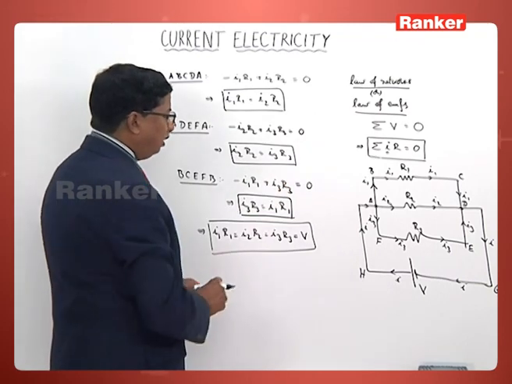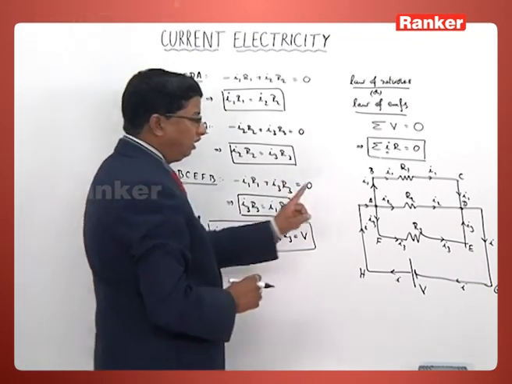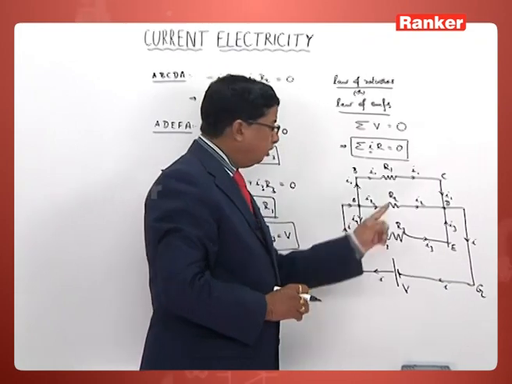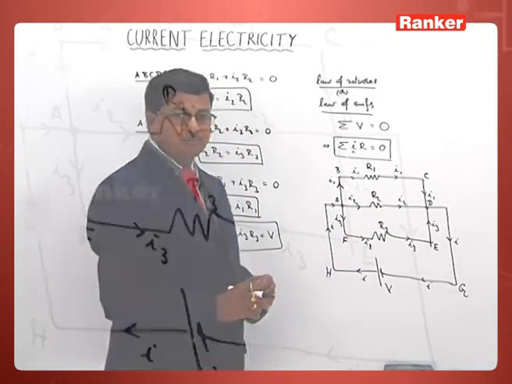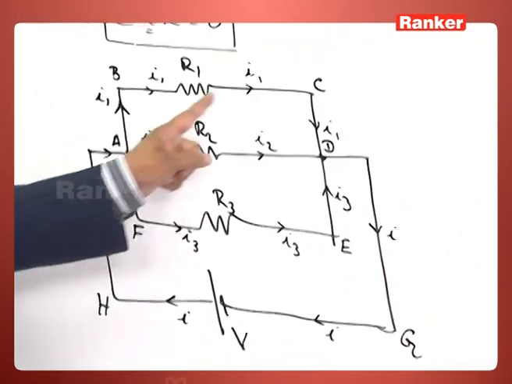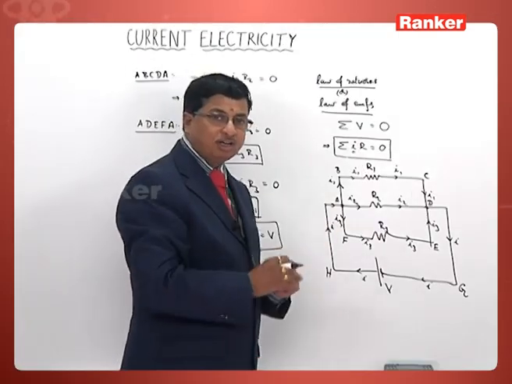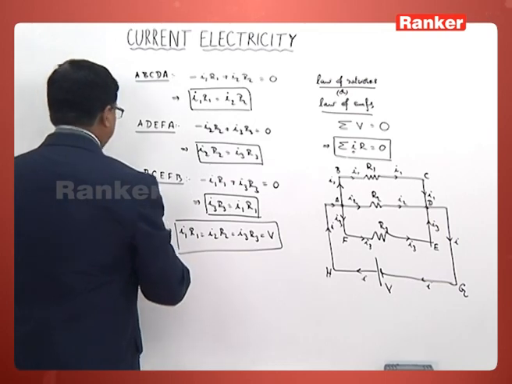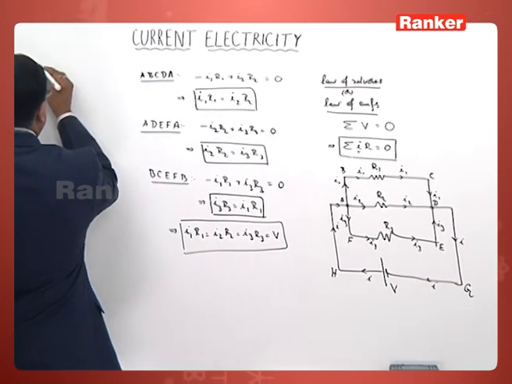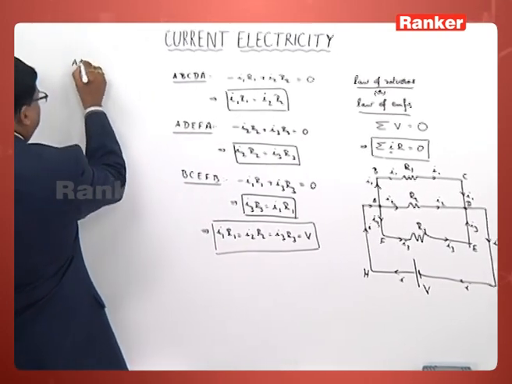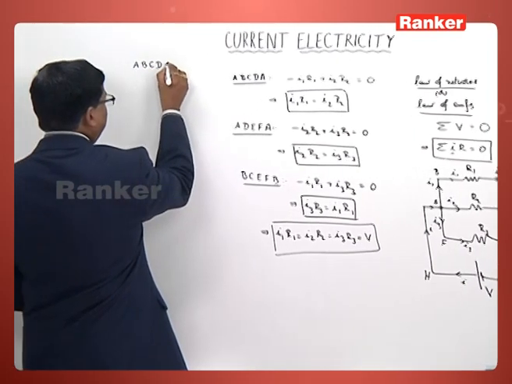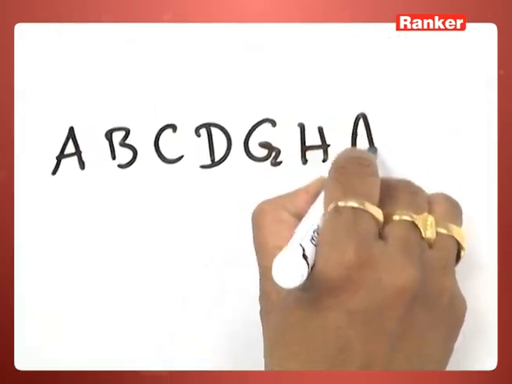Exactly in the same manner, let us analyze at least one network from the external circuit. Now AB, CD, GHA, let us analyze that network. I am taking up AB, CD, GHA.